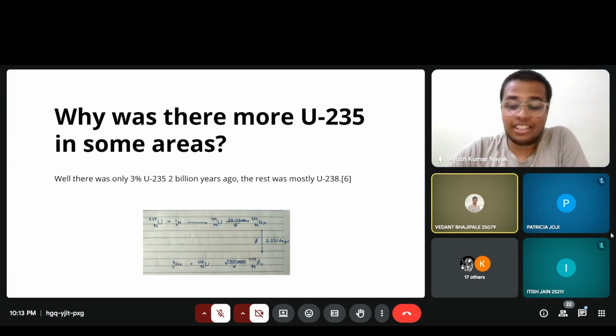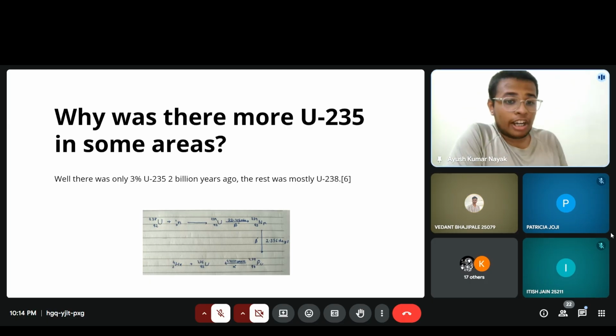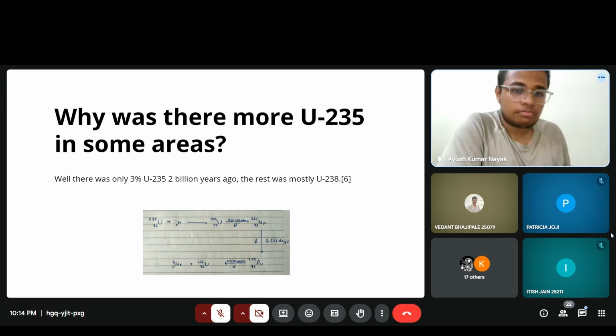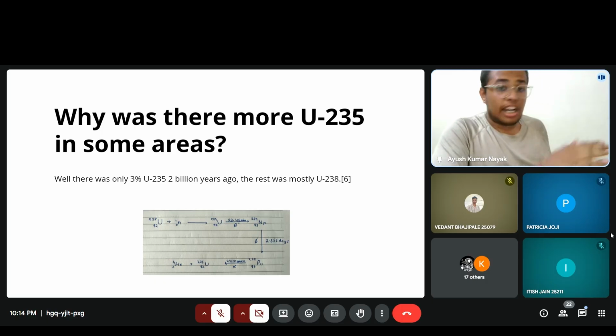Why did the nuclear waste not move out of this site? Exactly, that is what we are trying to study at Oklo. Why did it not migrate? And that's what makes Oklo interesting.